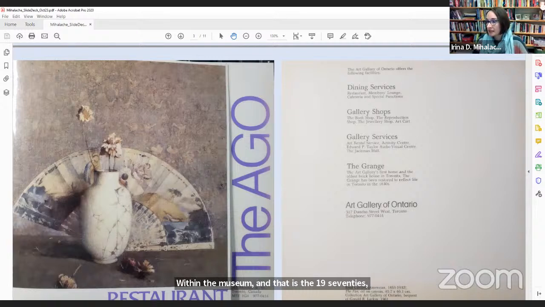The 1970s is also important because many other museums in North America were going through major transformations and building new, modern-looking eating spaces, often in very visible locations, bringing the infrastructure of the hospitality industry within art spaces. So the AGO embraced this change by repurposing a central area of the museum into a restaurant.